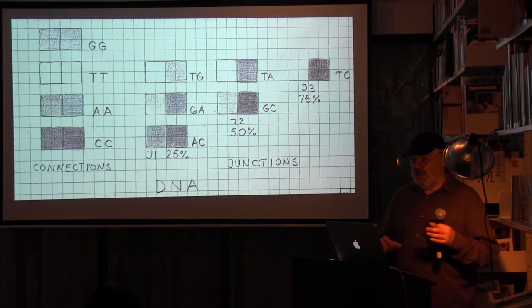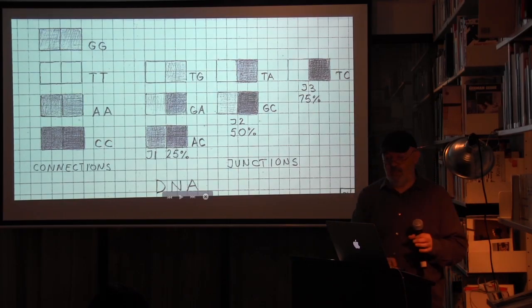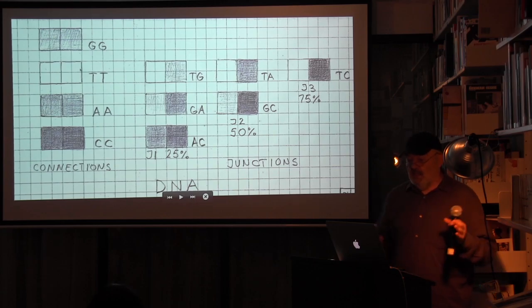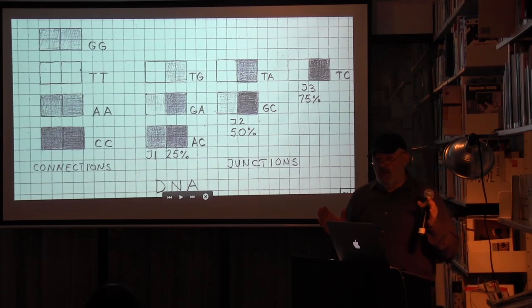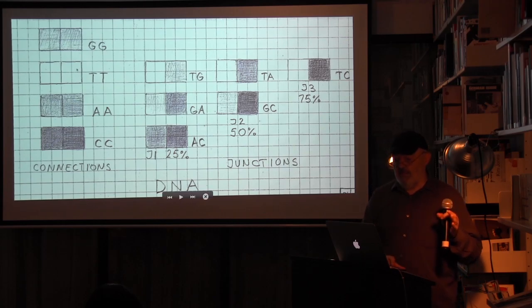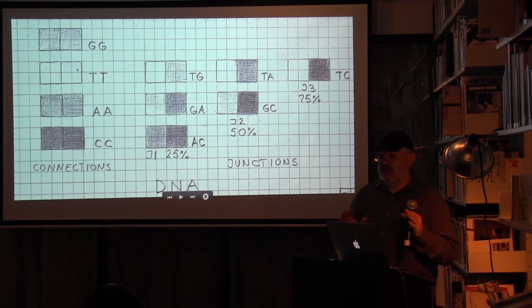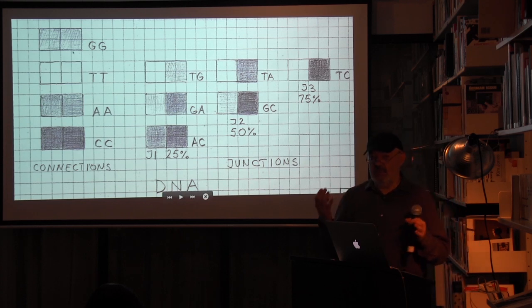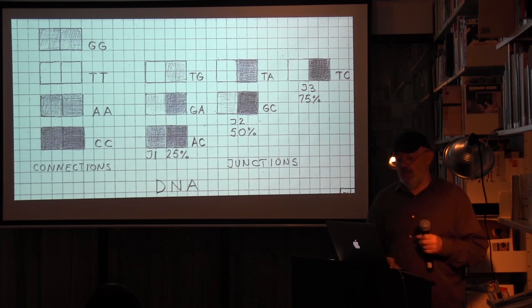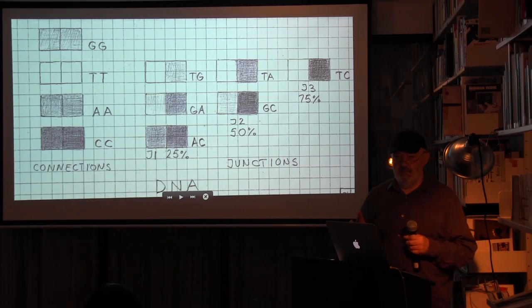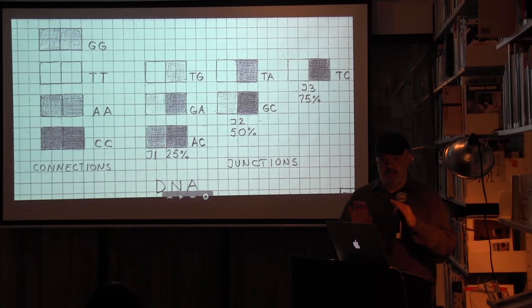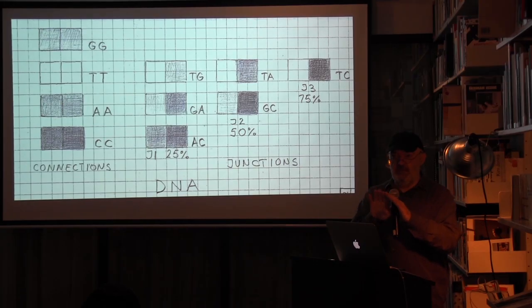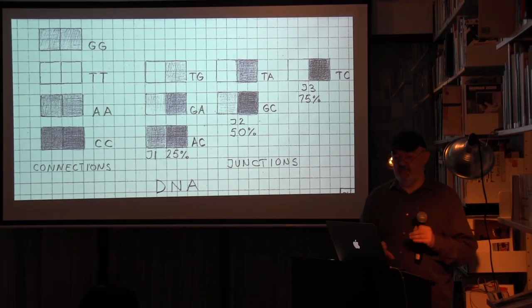For example, if we have two boxes, like here, and in each box the same value, in this case white, we will call this a connection. And for the 4 DNA bases, there are 4 connections: GG, TT, AA, and CC. So this is a spatial neighborhood between identical values.